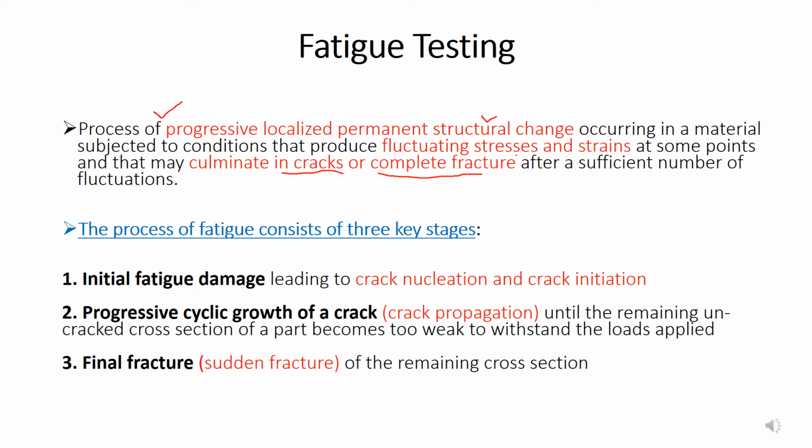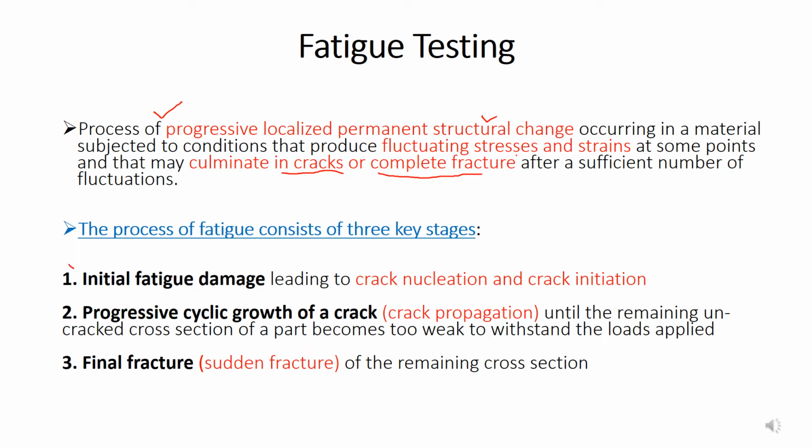So in this way we can define fatigue testing, that the load which is producing fluctuating stresses and strain produces progressive localized permanent structural change, or you can say that produces plastic deformation, and that plastic deformation grows over a period of time leading to the failure of the component.